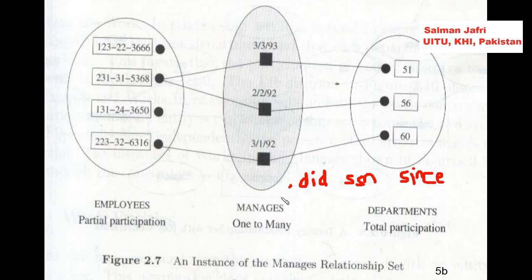This is the managers relation. 51 is managed by 231, since 3393. Then please complete this table. 56 would be, right, 231.